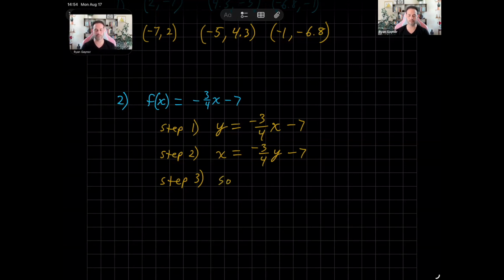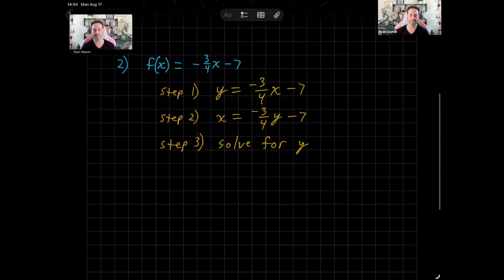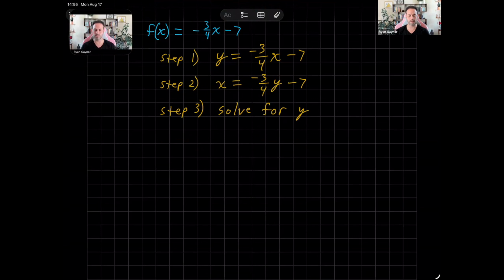So we solve for y. Okay. So if I have x equals -3/4 y minus 7, I have to get the y by itself, right? So I gotta always bring back, right, all my basic algebra techniques, right? What's happening to the variable?